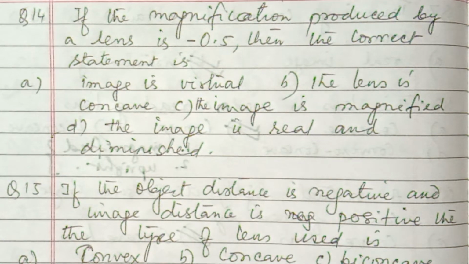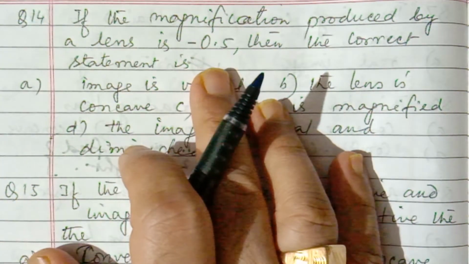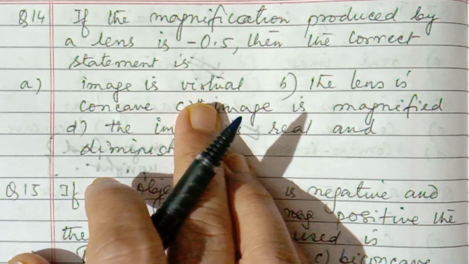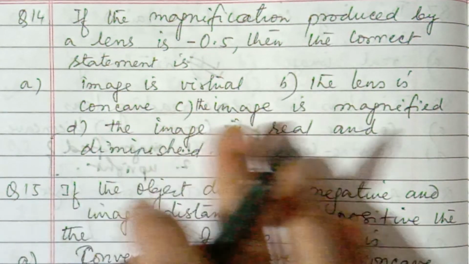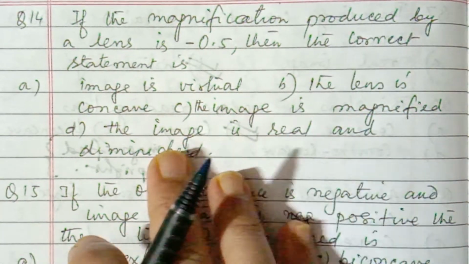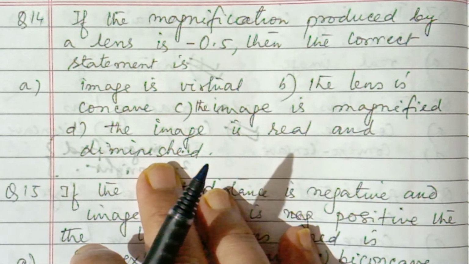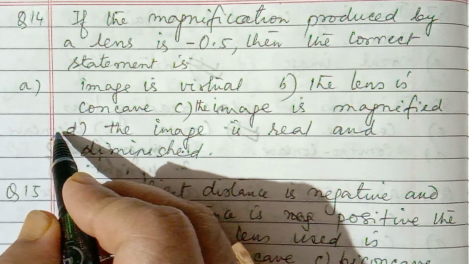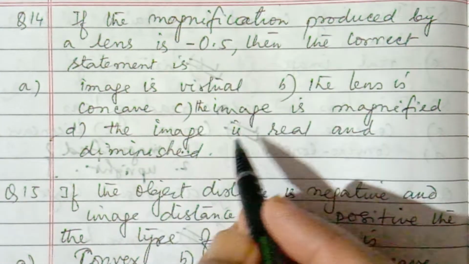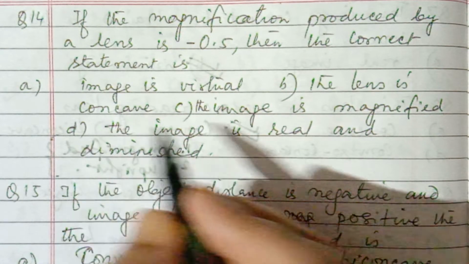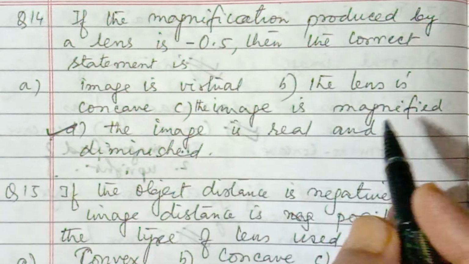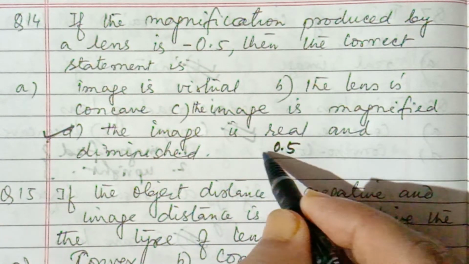Okay, question number 14. If the magnification produced by a lens is minus 0.5, then the correct statement is: the image is virtual, the lens is concave, the image is magnified, the image is real and diminished. So this one is correct. As we have seen in the previous question, negative magnification means real image. And the magnitude is 0.5.